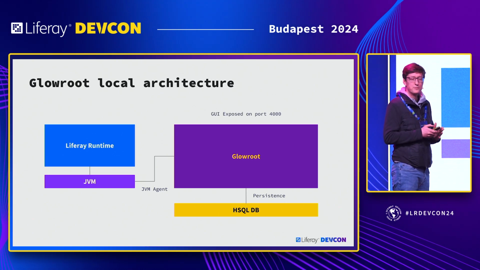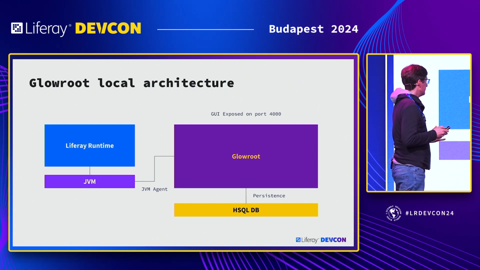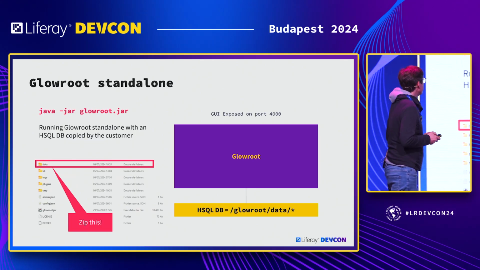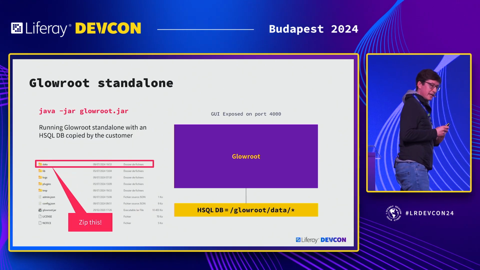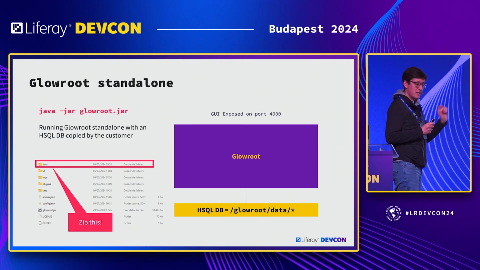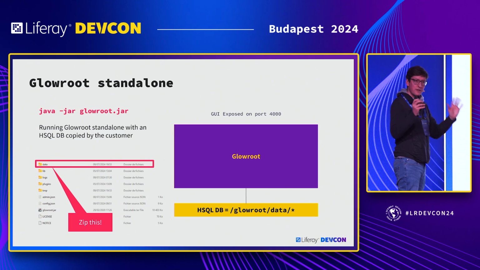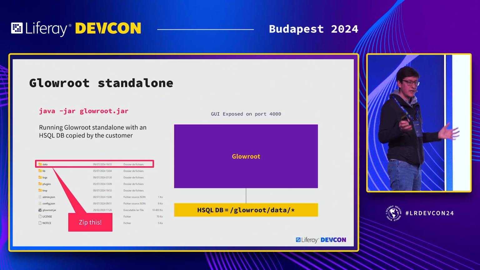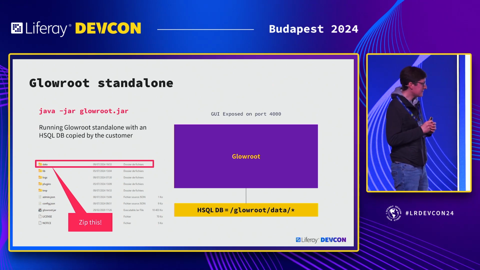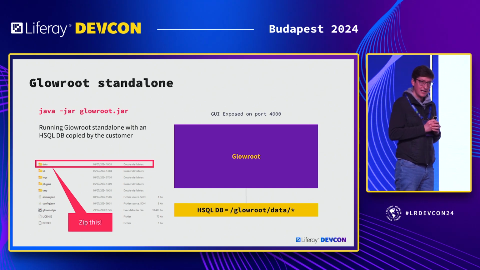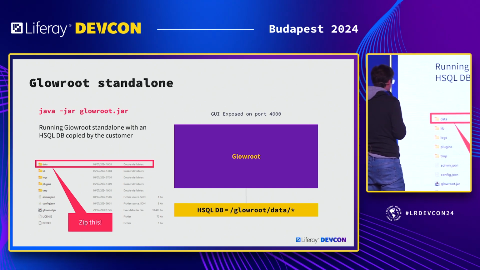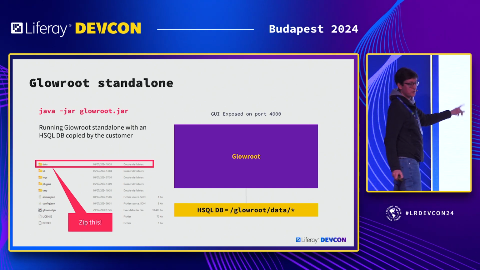So if you run it like this out of the box, it's going to put data on the disk. In a production setup, this is probably not what you're going to do. One nice thing you can do with this HSQL database, nevertheless, is if you run some tests locally or in UAT, and it is persisting the data collected in the HSQL database, you can go on the file system of your server.